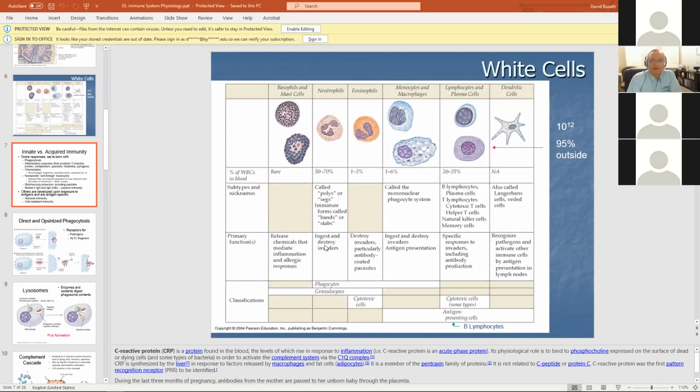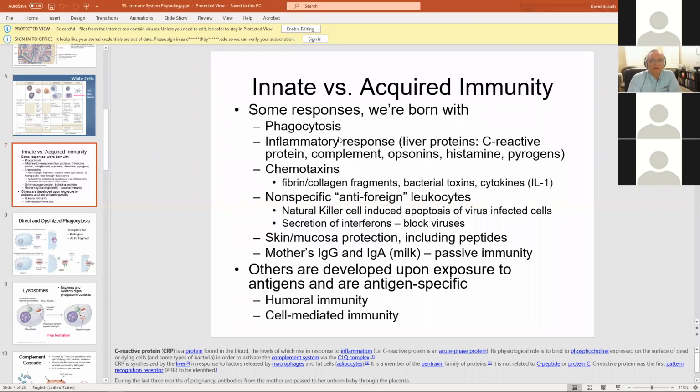Other aspects of innate immunity include our skin, which keeps out infections, and our phagocytes and macrophages, which generally chew up and eat anything foreign. We have the C-reactive protein and complement cascade, which we're going to talk about more in a minute. Opsonins, which are generally antibodies, activate the complement cascade.